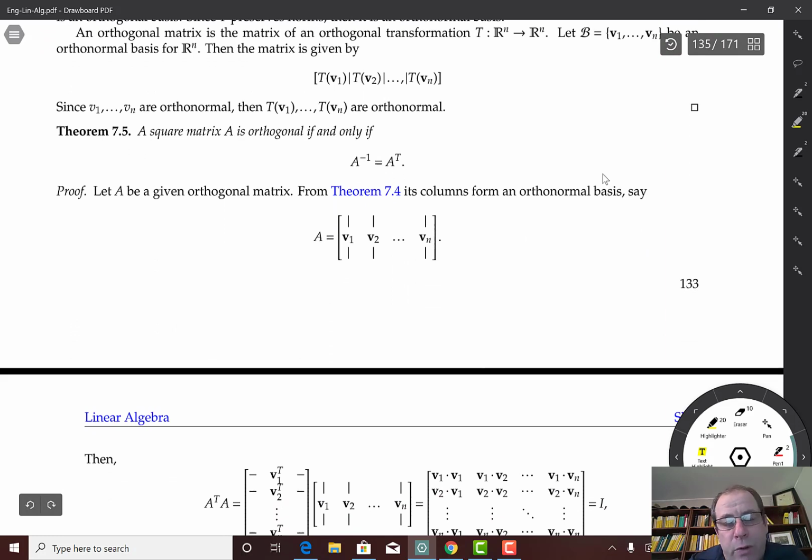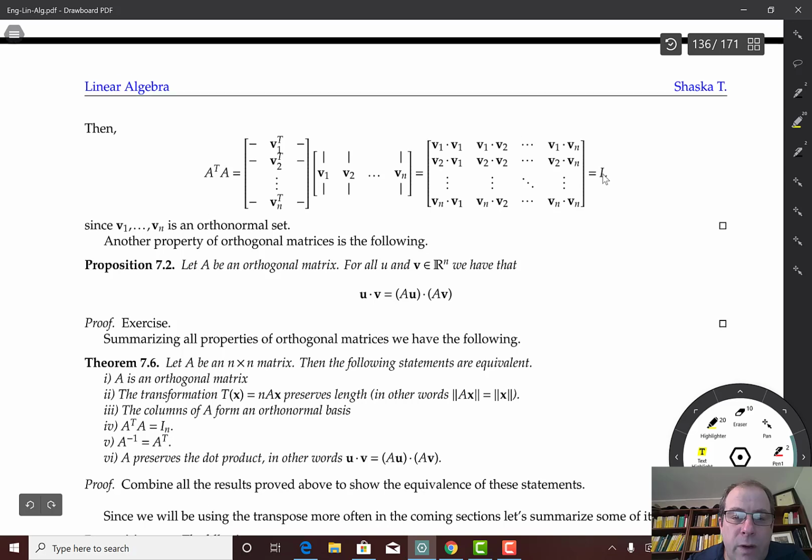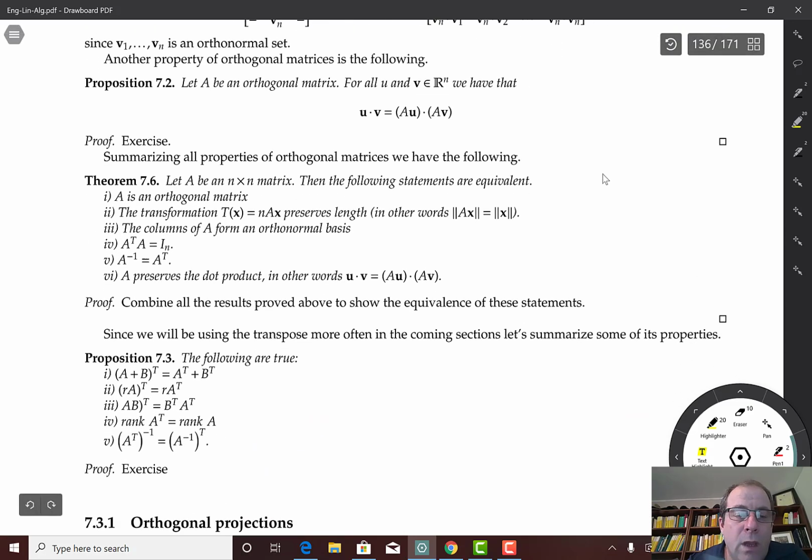The next thing we proved, and again I call them theorems mostly to bring them to your attention, but they are really easy exercises. The next result is that a square matrix A is orthogonal if and only if its inverse is the same as its transpose. And here you have a quick proof of that. Proposition 7.2 is an easy exercise.